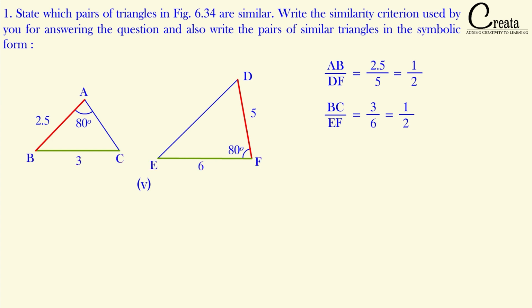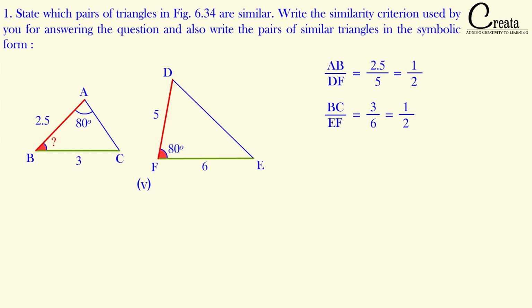Let's flip the triangle to match the ratio of the corresponding sides as equal. That is AB should match with DF because the ratio is 2.5 upon 5, that is 1:2 or 1 by 2, and BC with EF, 3 by 6, it is 1 by 2. On flipping the triangle we got one set of corresponding sides as equal, but we are not able to get the angle between the two corresponding sides.